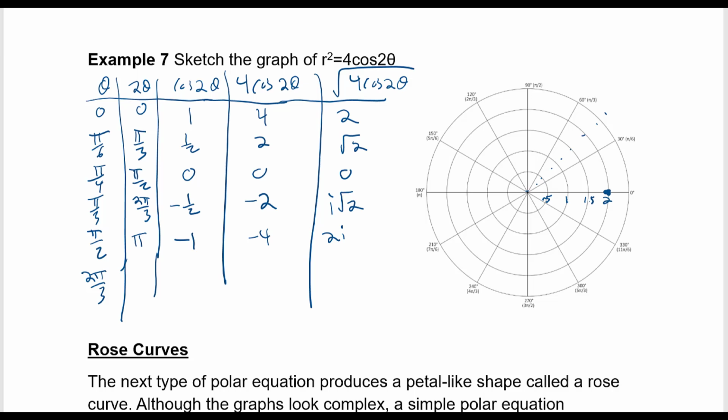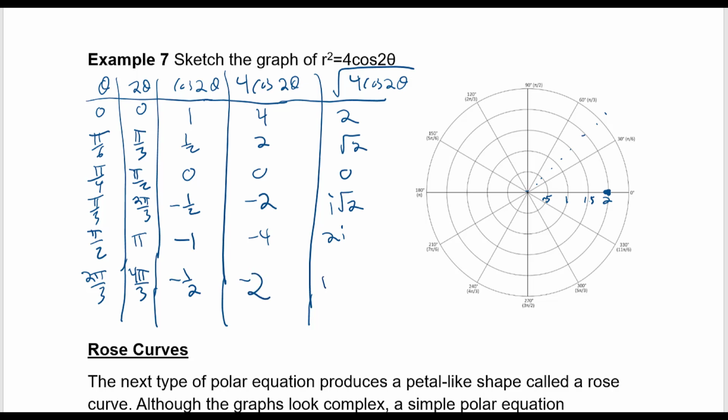And I'm just going to do this next one, and then I want to start plotting things, and then we can go with our reflections. So 2 pi over 3. 2 times that is 4 pi over 3. Okay, cosine of that amount would be -1/2 still. And then 4 times that is going to be -2.